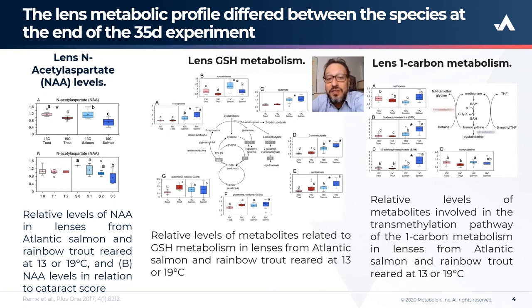Again, several intermediates in the transmethylation pathway of the one-carbon metabolism were present at different levels in rainbow trout and Atlantic salmon. And Atlantic salmon reared at 19 degrees had significantly higher levels of S-adenosylmethionine, SAM, and S-adenosyl homocysteine compared to salmon reared at 13 degrees.